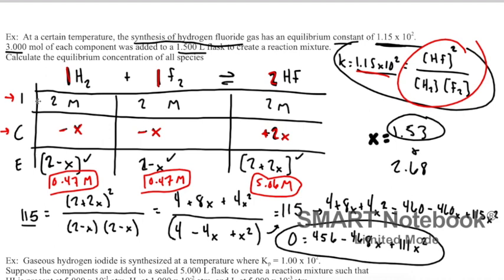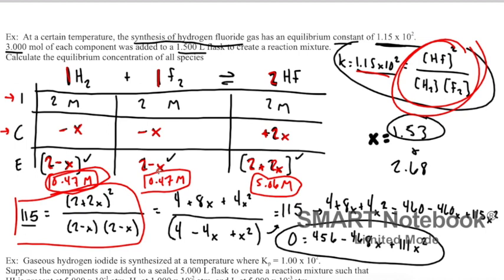Combine the initial and the change to create your expression for the equilibrium concentration. Plug these equilibrium concentrations into your K expression, which I did right here, and then just use whatever algebra you need to solve for the X, and then plug it back in to find your final answer, those equilibrium concentrations.